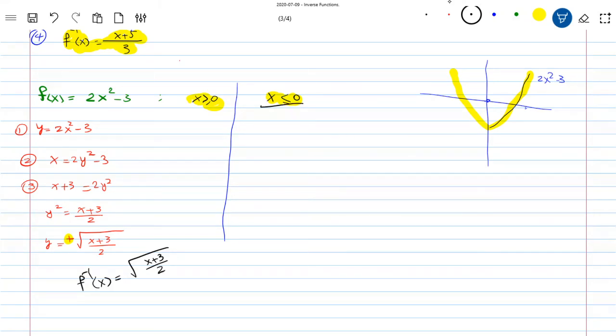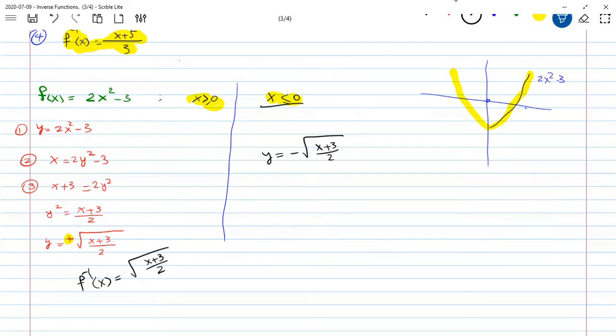If it was the other case, then at the end of step 3, you should get negative square root of (x plus 3) divided by 2, because we assume that the x values are negative. So if the x values were negative, then the y value outcome has negative values as well. This is just based on this simple restriction.